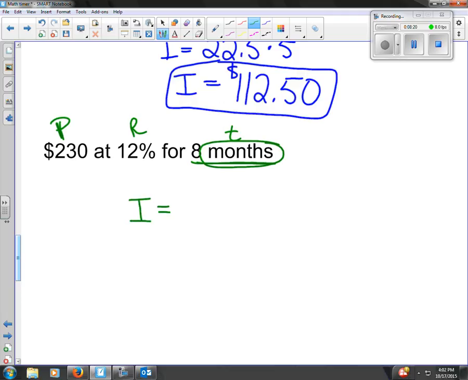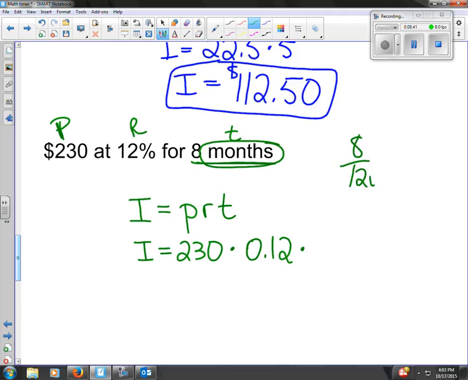So I equals P times R times T. Now the principal is 230 times your 12%, so it's 0.12, times 8 months. Now it's 8 out of 12 because there's 12 months in a year. So you need to know this as a decimal, 8 divided by 12, so it's really 0.6 repeating.